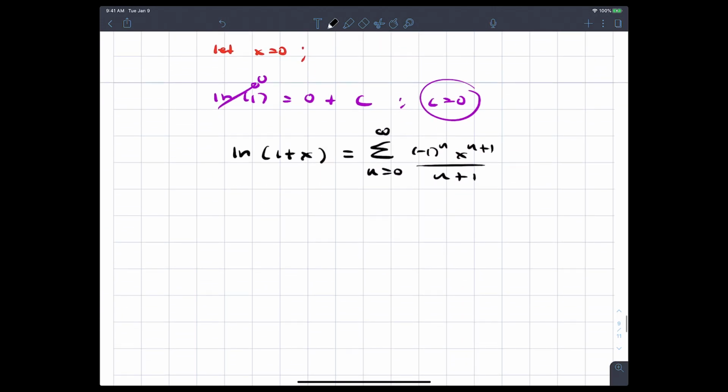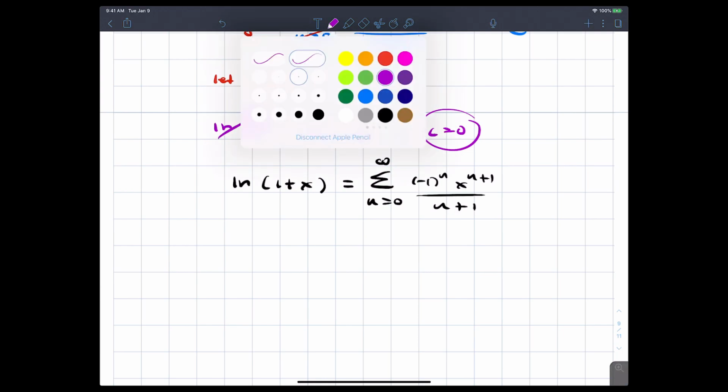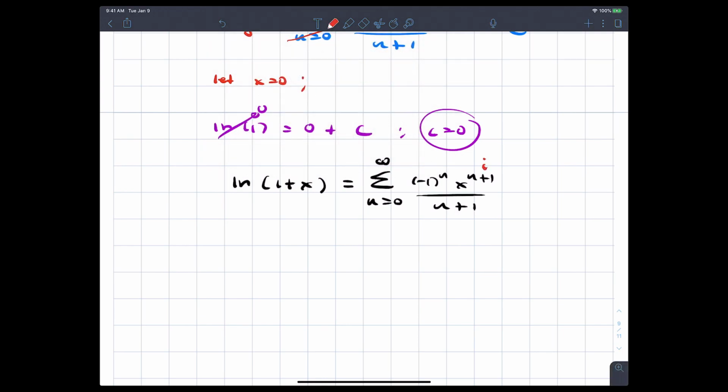Here's what you can also notice, by the way. I can adjust this. You might say, can I do that trick that sometimes is done where you let I be n plus 1?